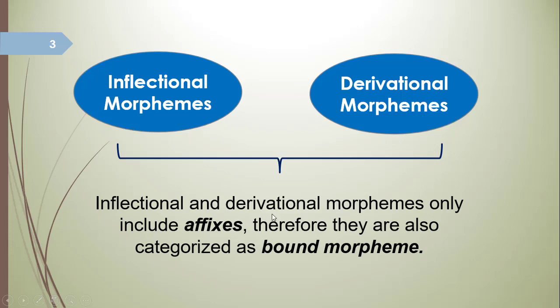Because they only include affixes, I might say inflectional morpheme or inflectional affix, also derivational morpheme or derivational affix. Jadi, mungkin saya akan mengatakan bisa inflectional morpheme atau inflectional affix. Sama halnya dengan derivational, I might say derivational morpheme or derivational affix. All of them are the same.